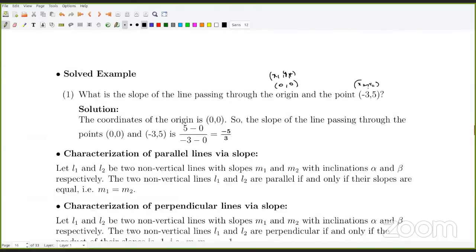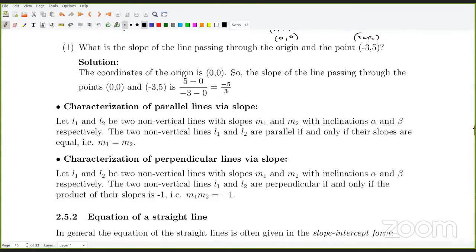Now we have seen slopes. With respect to slopes, there are some lines called parallel lines and perpendicular lines. There is some characterization between these parallel lines and slope. If I have two lines L1 and L2 with slopes M1 and M2, then these two lines are parallel if and only if M1 is equal to M2.